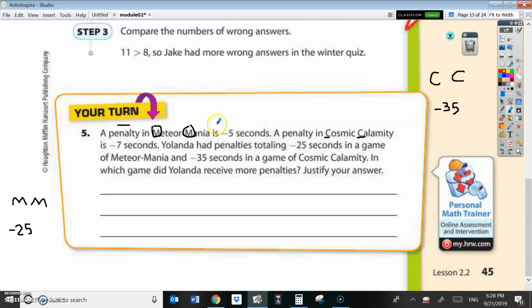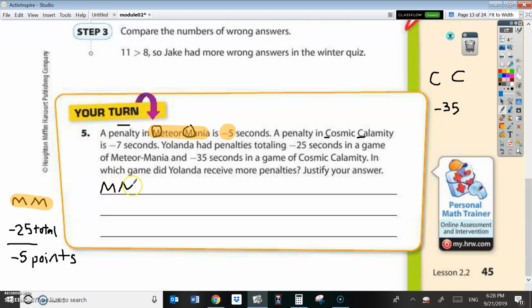You know that Meteor Mania, it's 5 seconds, so you need to put that right down there. So she had a total of 25 lost, and then we know that it was -5 points. So now we have to determine how many total. So 25 divided by 5 is 5.